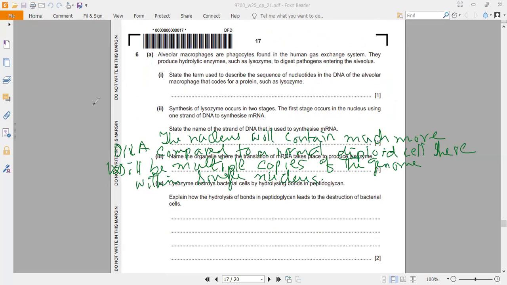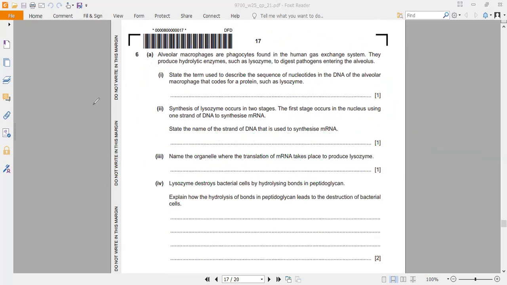Question number 6 is: alveolar macrophages are phagocytes found in the human gas exchange system. They produce hydrolytic enzymes such as lysozymes to digest pathogens entering the alveolus.